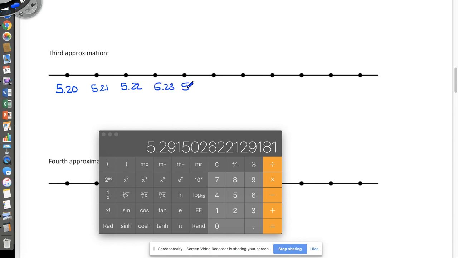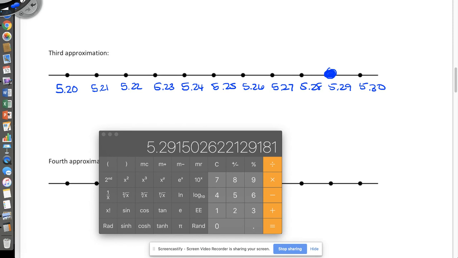And again, we're just trying to do this so we can get a more exact location. So go ahead and finish out your number line. And then this would end with 5.30. All right, so we had 5.29, so it's way down here.